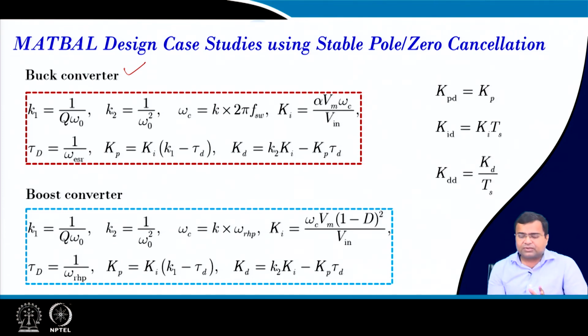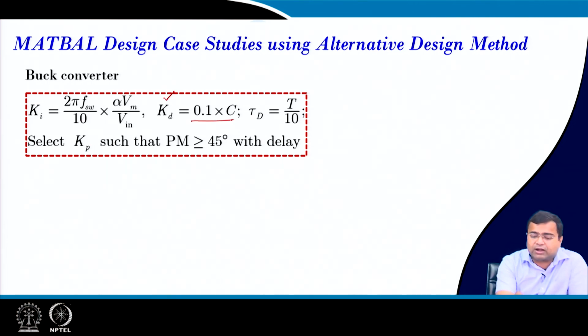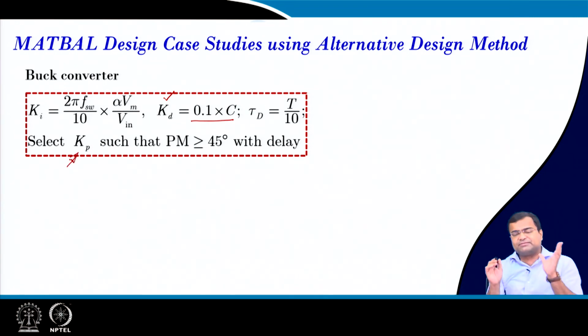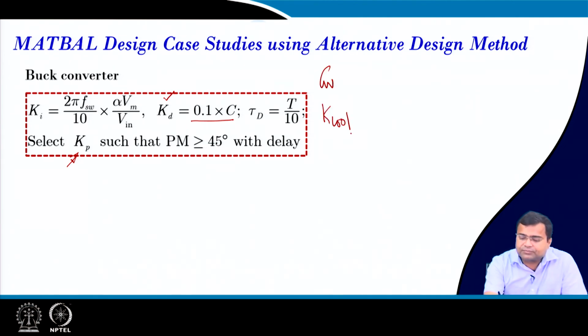The alternative method says that for the buck converter, we have to set Kd equal to 0.1 times C, tau d, T by 10, and Ki is this. Then we have to select Kp in such a way that our phase margin should be more than 45 degree. And we know that GVD, the loop transfer function for the analog digital control, is nothing but the loop transfer function of the analog control times e to the power minus s tau d.